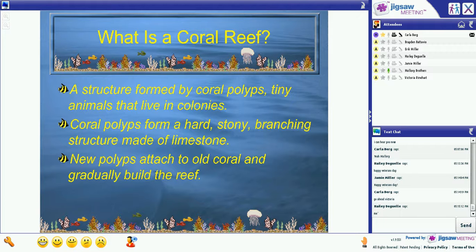I have seen little small fish, tiny organisms, jellyfish, a sea turtle, a couple sea turtles, and for some reason I found a stingray in there, which freaked me out. Awesome. Fantastic. Victoria, go right ahead.